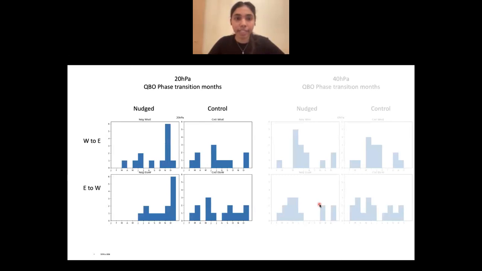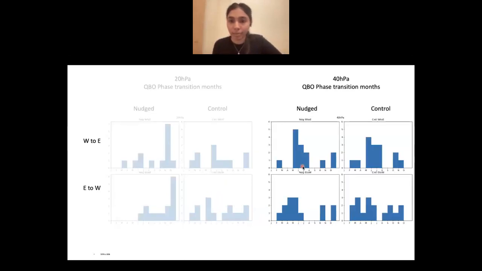And if we look at our control and nudge run, we can see this happening here too. In the nudge run, which is basically much similar to the observed QBO, we can see that December or November month preference in the transition, and control doesn't have that. It is spread over the months, both in 20 hectopascal and 40 hectopascal.